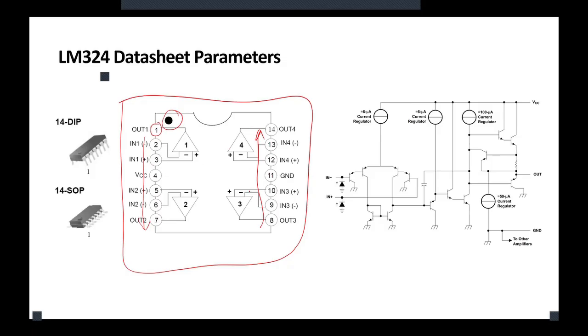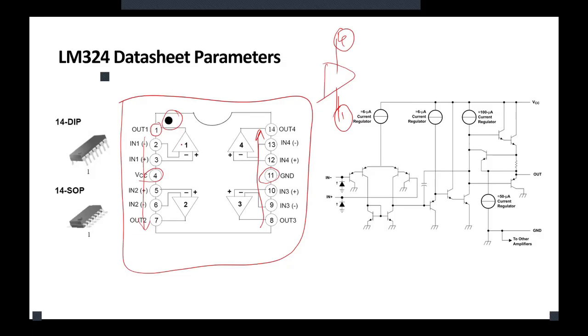Now, look at the 4 op amps. You see pin 4 and 11 are the VCC. All of the op amps use these 2 pins to get powered. So this is pin 4, this is pin 11.